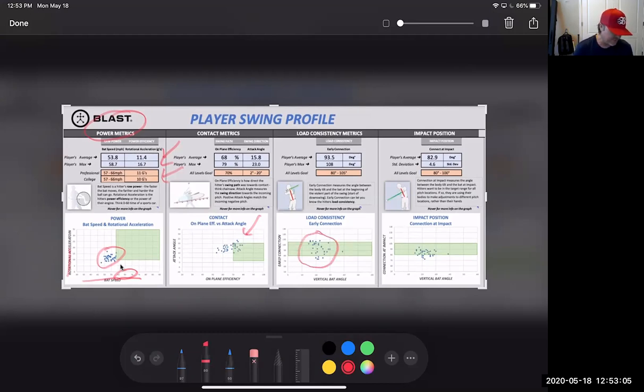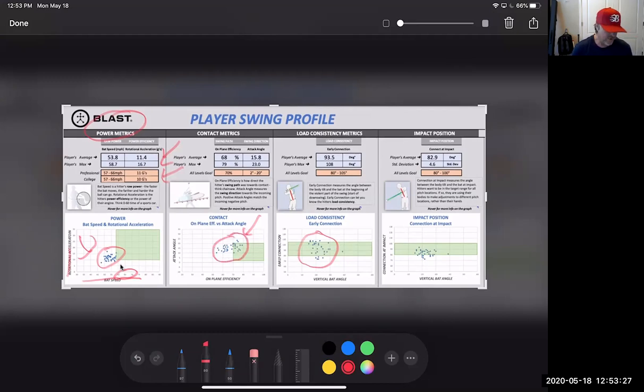So if the dots are grouped in a tight circle like these over here, then you can assume that the swing is pretty consistent when it comes to that metric. So if we want the plane to be as consistent as possible, we want these dots to be grouped in a tight circle as much as possible.